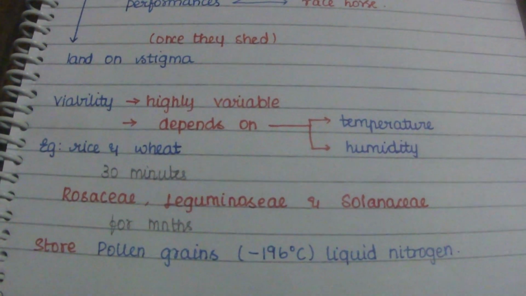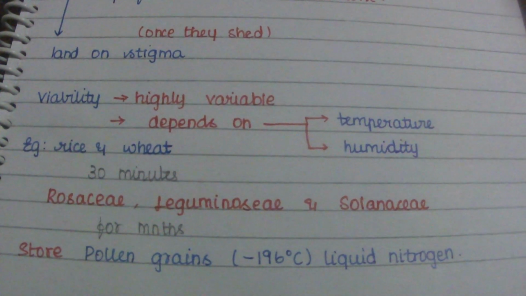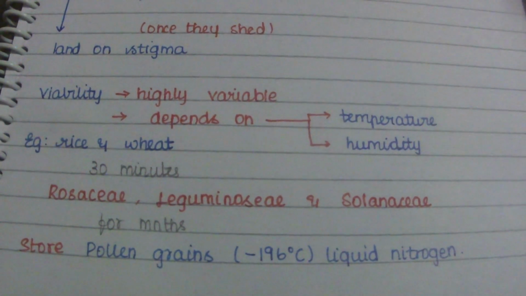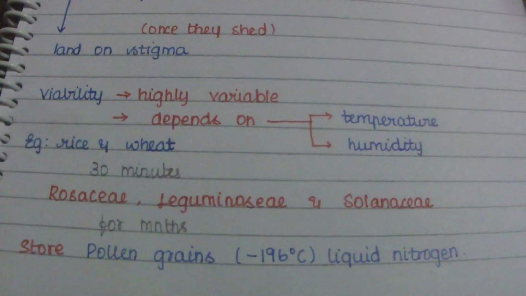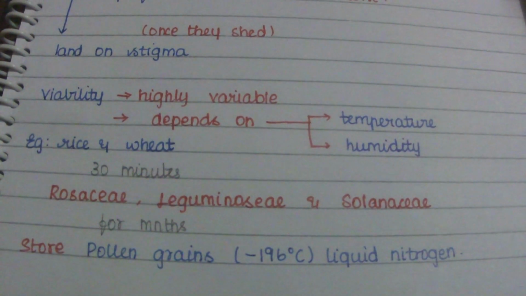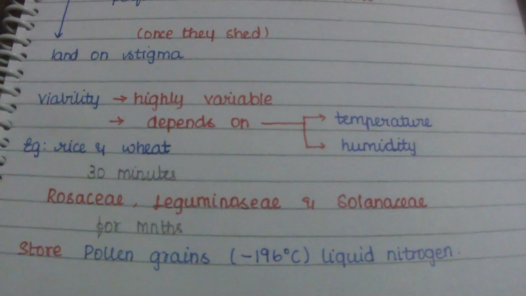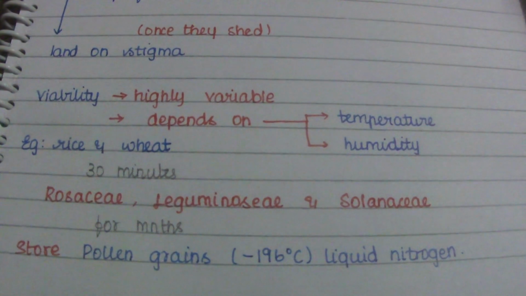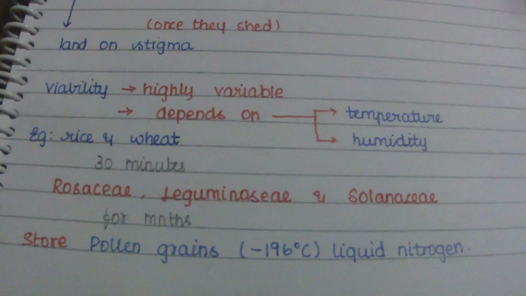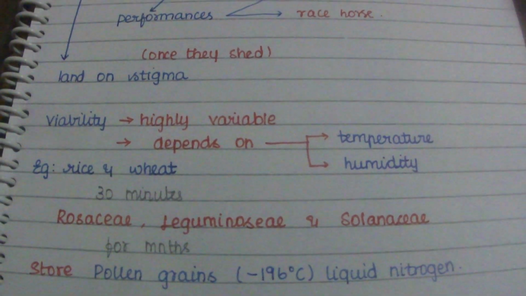Pollen grains can be stored for years in liquid nitrogen, at minus 196 degrees Celsius. This stored pollen can be used as pollen banks, similar to seed banks in crop breeding programs.